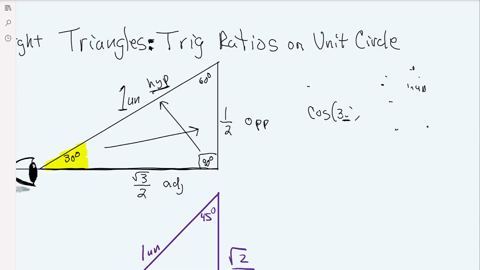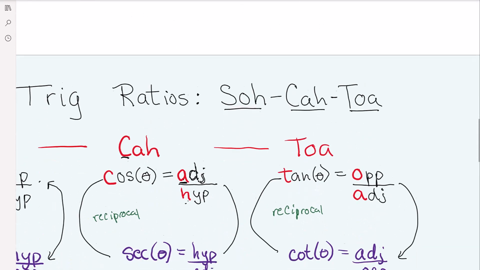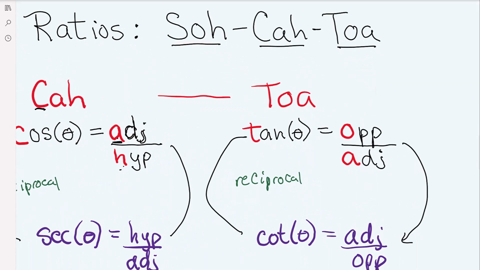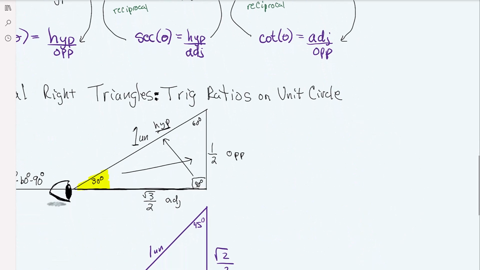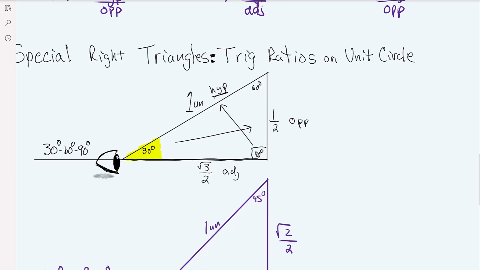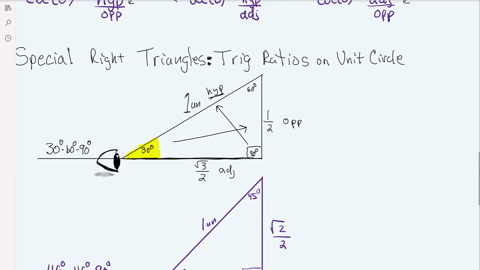Now, tangent is a little bit trickier. Remember, tangent is the TOA. The tangent is the opposite side over the adjacent side. A lot of math professors or high school math teachers encourage students to memorize the tangent of the different angles.